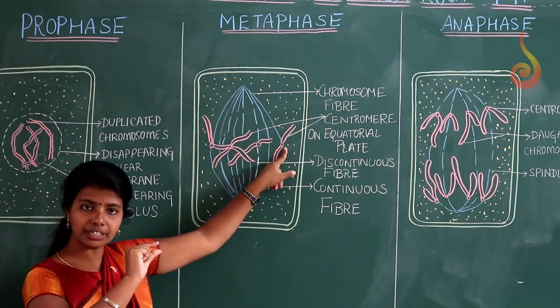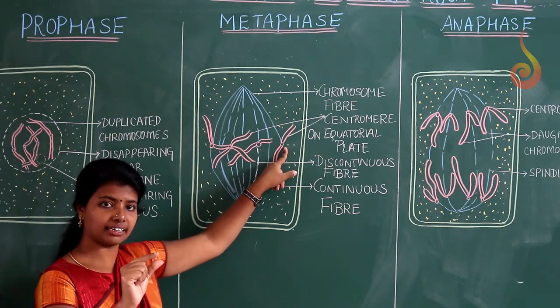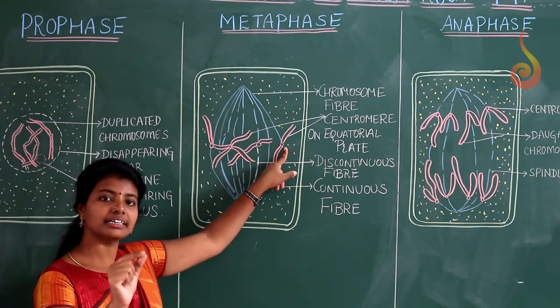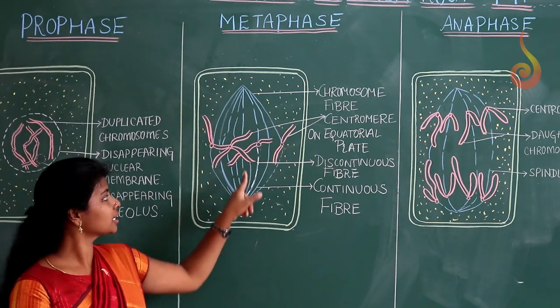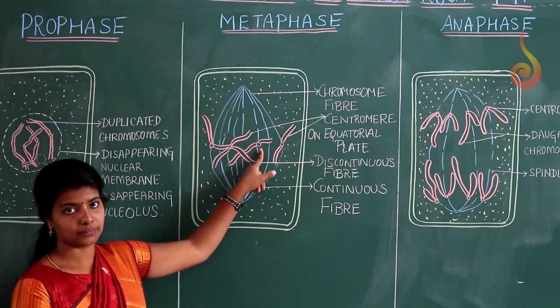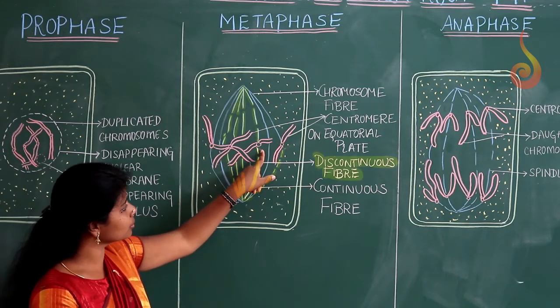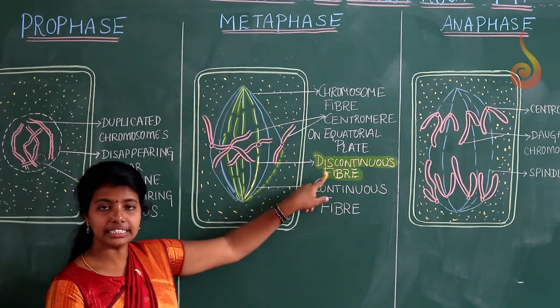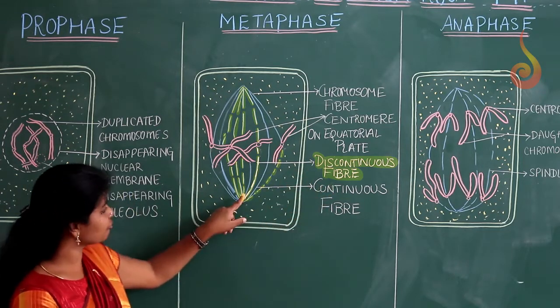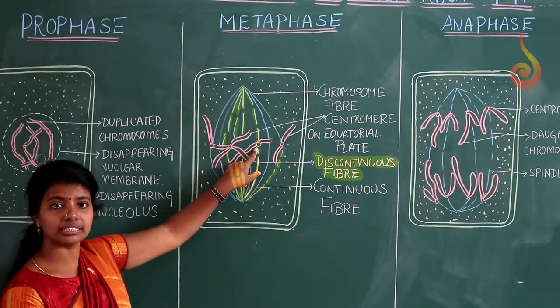So the centromeres are in the central line, the equatorial plate. That is because of the spindle fibers which are connecting them. So here you could see discontinuous fiber. Discontinuous fiber means the fiber which is connected to the centromere.